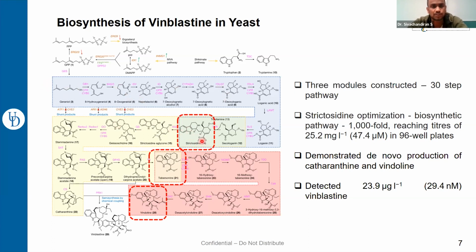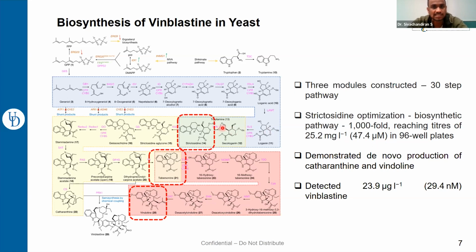In the first module, they successfully produced the strictosidine, and they improved it 1,000-fold over the native yeast. When they engineered the yeast, the strictosidine molecule fold increased to like 1,000. The titer was 25.2 milligram per liter in a deep well plate. They haven't used the shake flask. They just used a deep well plate, that's very minimal.